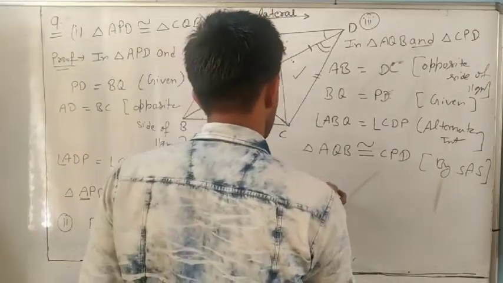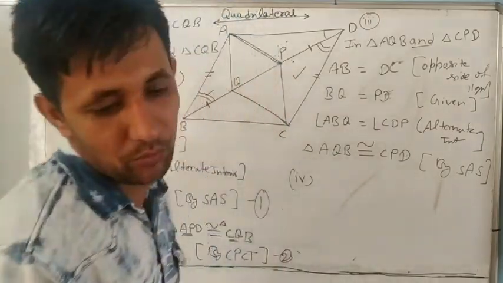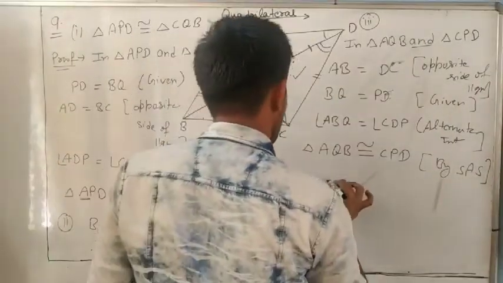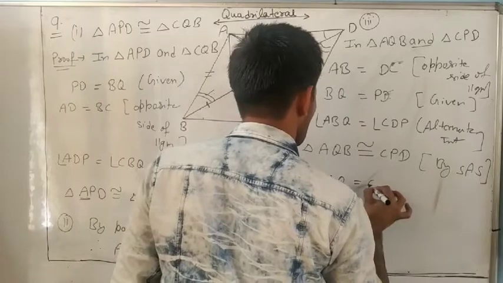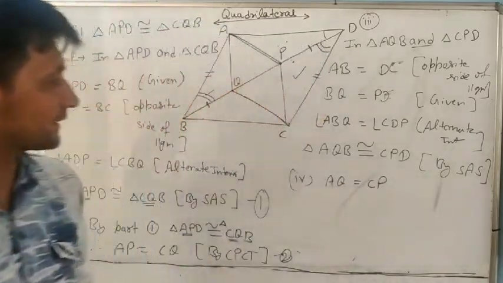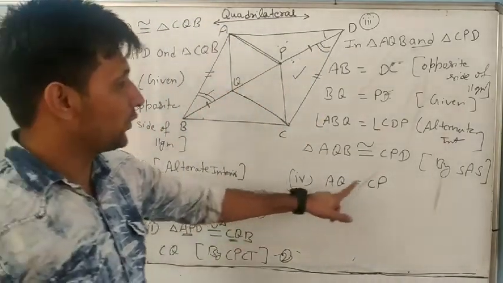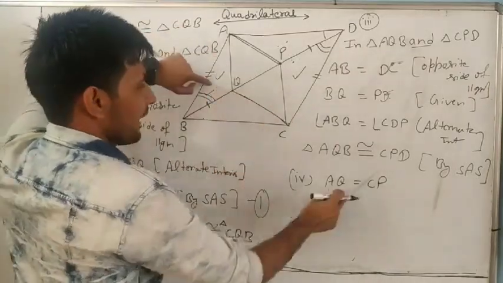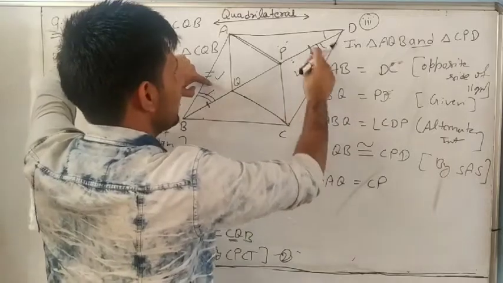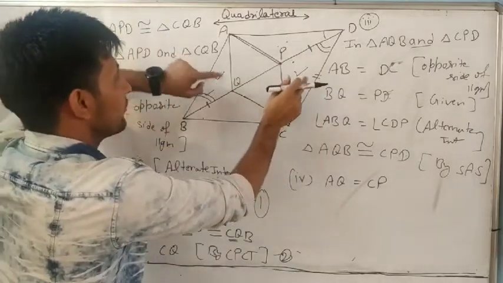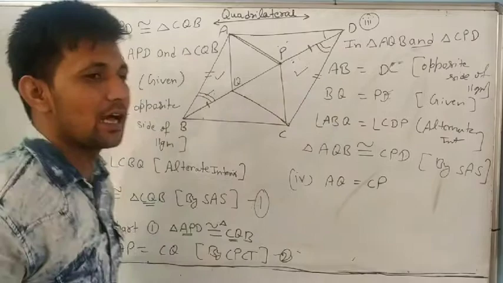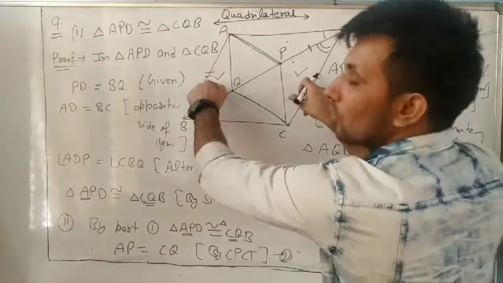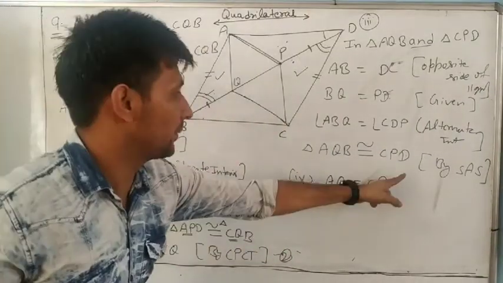Now the fourth part. In the fourth part we want to prove that AQ equals CP. So we observe AQ in this triangle and CP in this triangle. If we want to prove that two sides in different triangles are equal, how will we prove that? We will show first that these two triangles are congruent, and we already proved it.